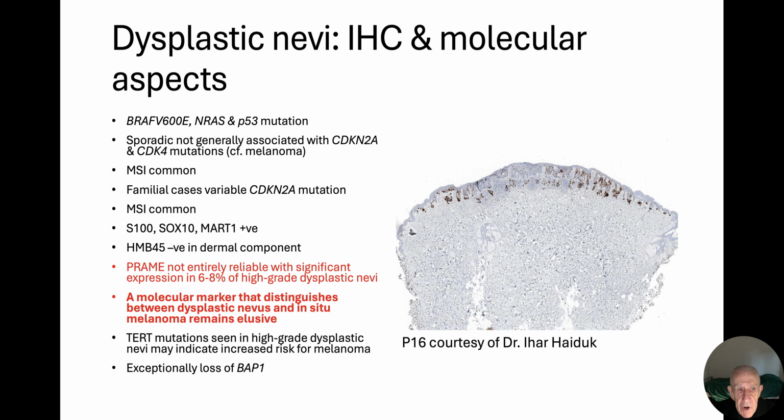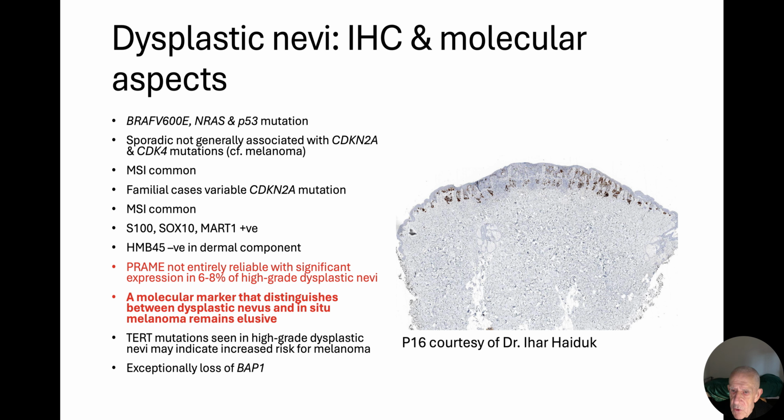Immunohistochemistry and molecular. Well, I don't really think there's any place for immunohistochemistry in making a diagnosis of dysplastic nevus per se. I think immuno does have a role to play if you're worrying about melanoma arising within a dysplastic nevus.